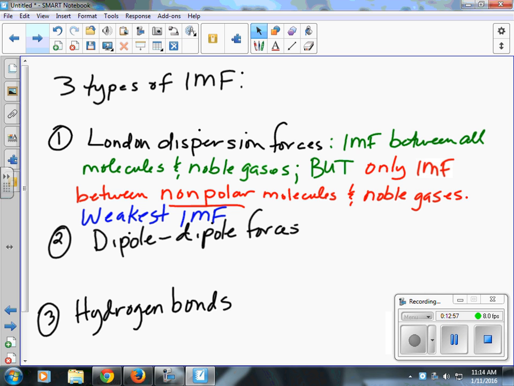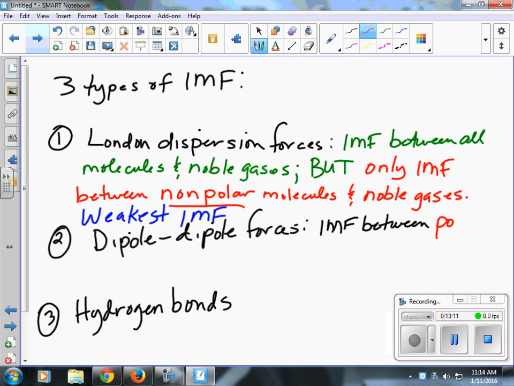Dipole-dipole forces. They are intermolecular forces between polar molecules.